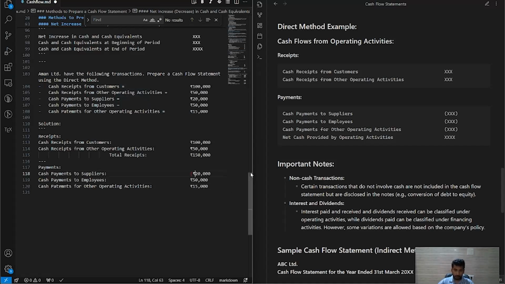They will always be in the negative part, since it is a payment. It is an expense for us. So my total payments will account for 50 plus 20 plus 15, that is 85,000.